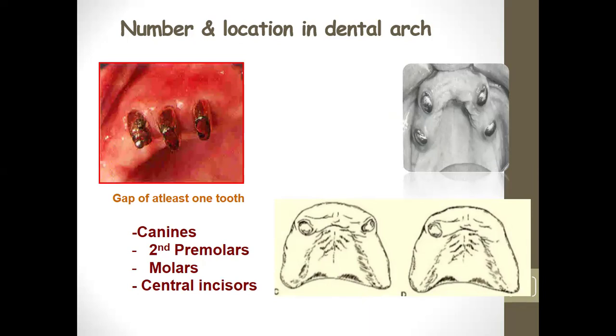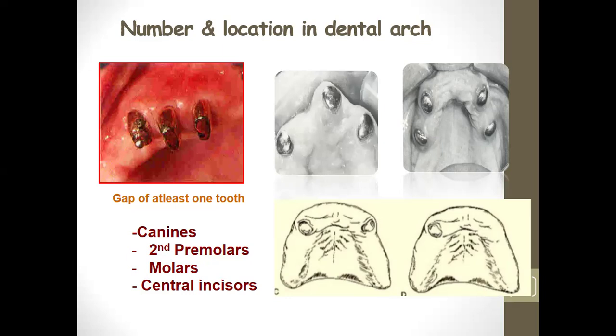So arrangement of teeth becomes difficult, and even if you trim and arrange in that area, the prosthesis becomes very thin in those areas and it can fracture. And the least preferred would be the central incisors, which is not a very good option because, again, teeth arrangement in that area is going to be a problem, and you cannot achieve very good aesthetics if you select central incisors as your overdenture abutment.